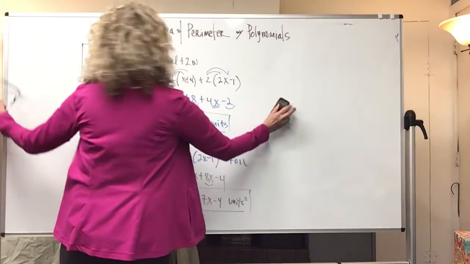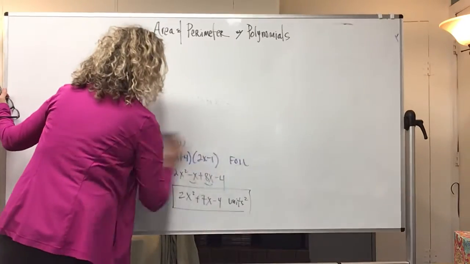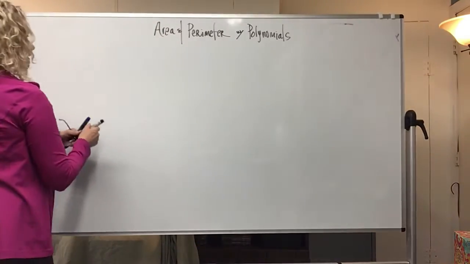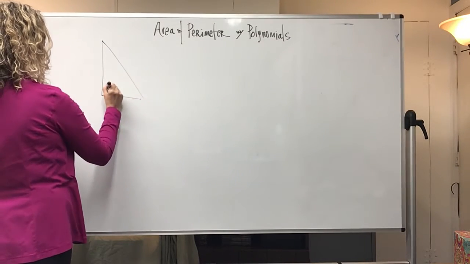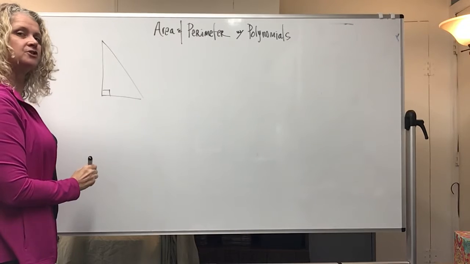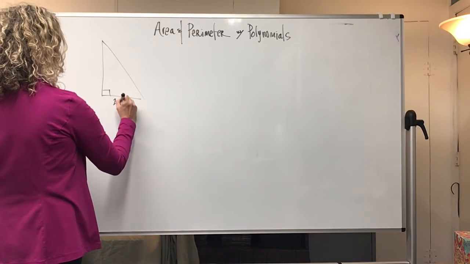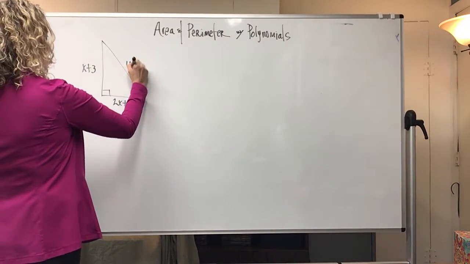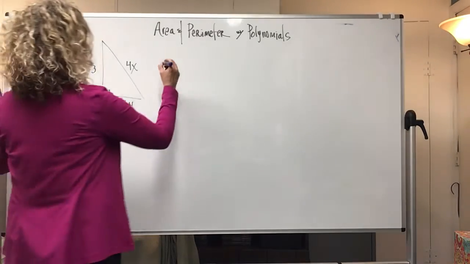Now we move on to the triangle. For a triangle such as this, and in this particular case we're going to only deal with right triangles, we're going to give this, why don't we do 2x plus 4, x plus 3, and 4x. So we're going to start with perimeter because that's usually the easiest for students.